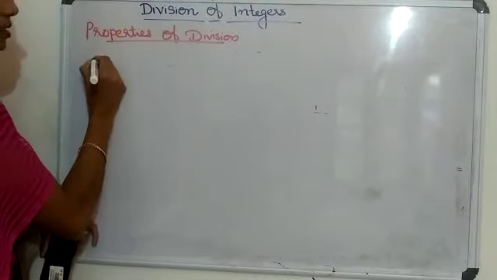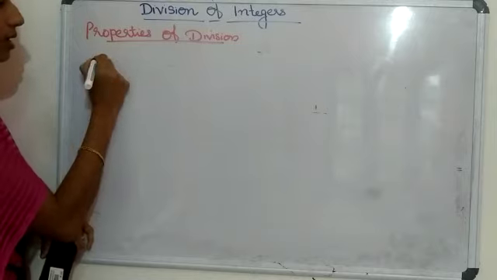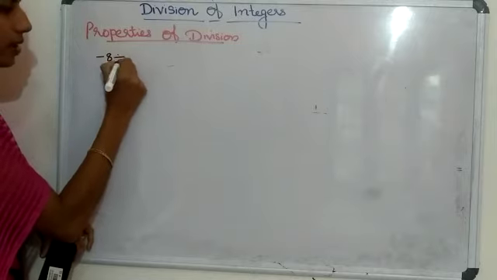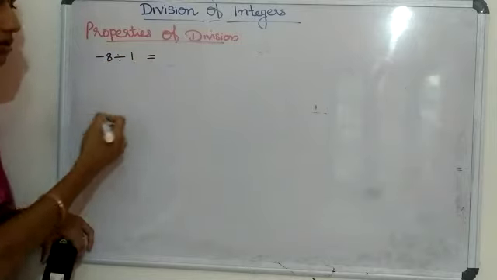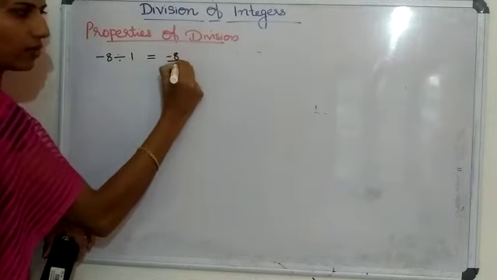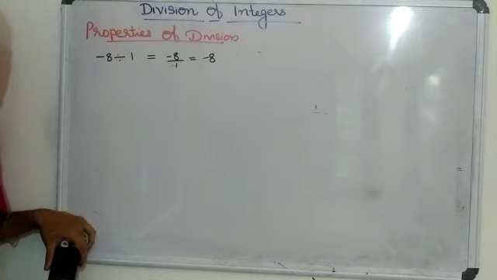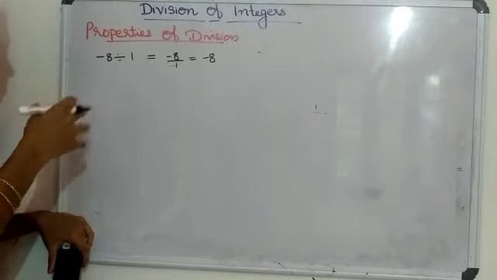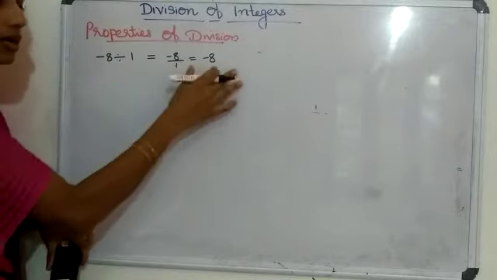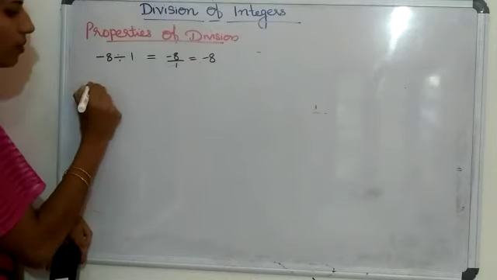Now, when minus 8 is divided by 1, we will get what? Minus 8 by 1 is equal to minus 8. That is the same number. So when you are dividing a number by 1, you are getting the same number.